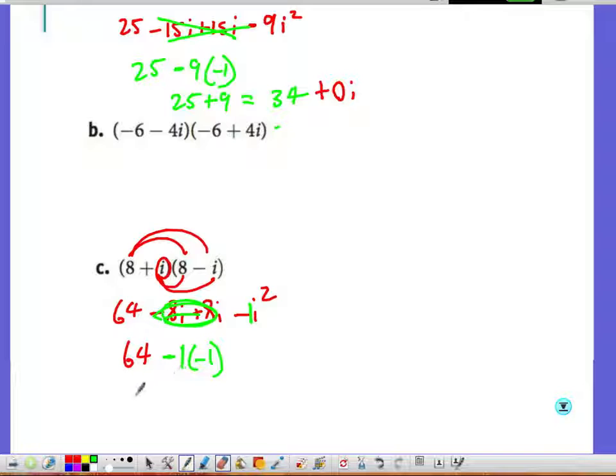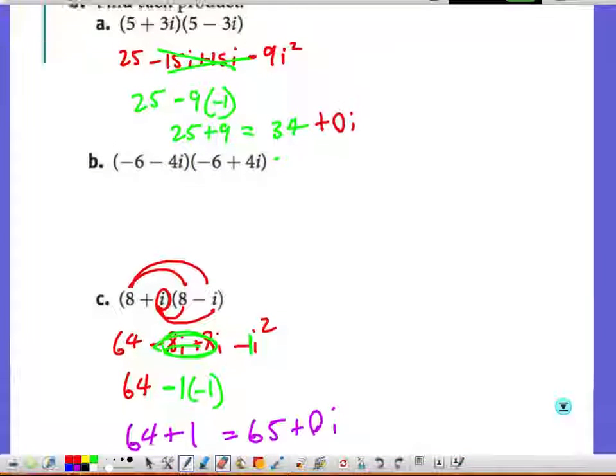Alright, so this basically becomes 64. Since I have two negatives here, it's going to become positive. 64 plus 1, which is equal to 65. Again, isn't this interesting? We have a real part, and then again the imaginary part is 0.